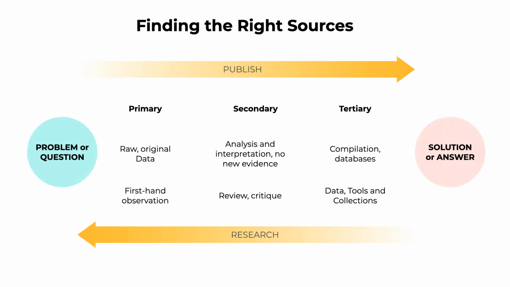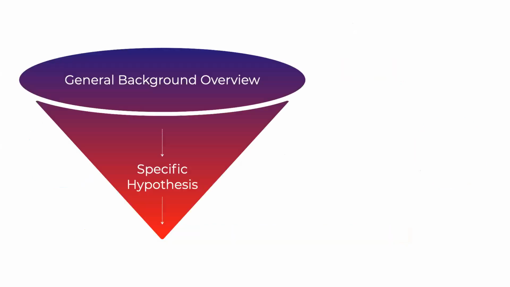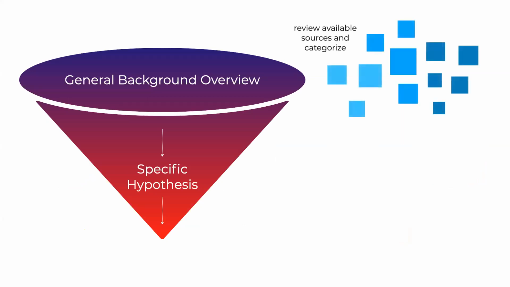Because when you think about a project, the project is driven by finding a solution or an answer to a specific research question. So you go from a general background. Maybe as you are reviewing different sources, you might want to categorize them into different types of opinions and different types of studies.